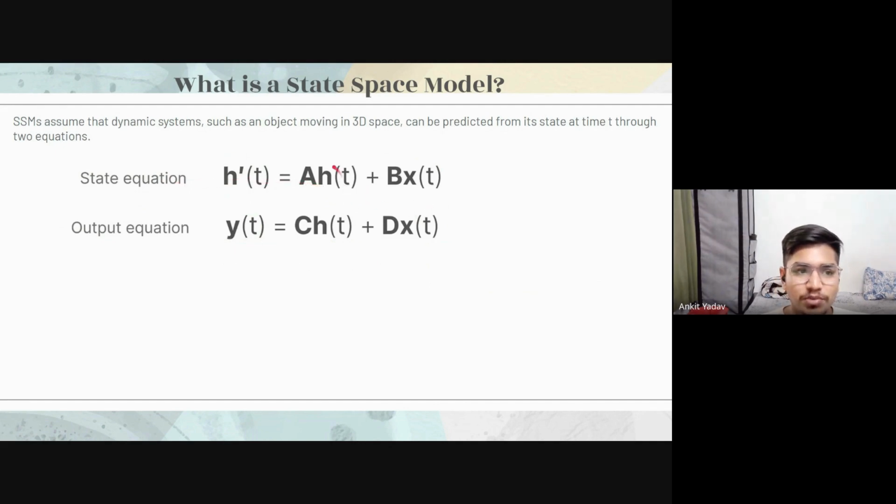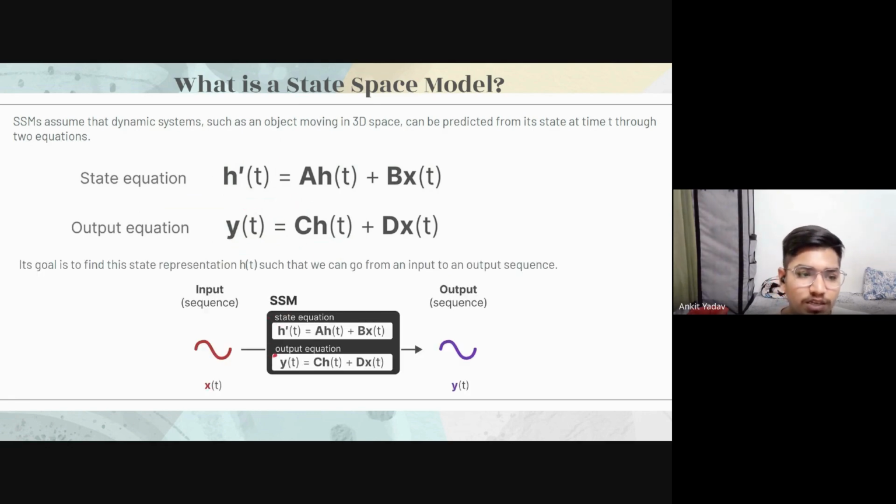We'll use our previous state and input and find some new hidden state, and with the help of that we'll produce some output. I'll tell you how these equations work, but this is the introduction to these two equations. These are the core of the complete SSM itself.